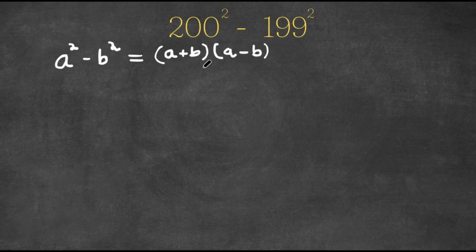So a squared minus b squared is equal to a plus b times a minus b. So all we have to do is plug in 200 and 199 for a and b. Well, we could say that a is 200 and b is 199.